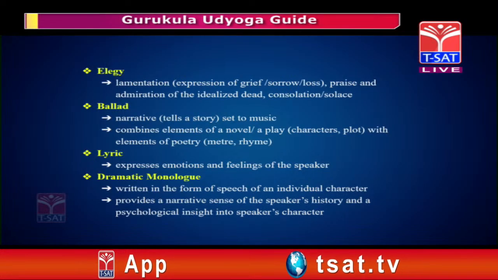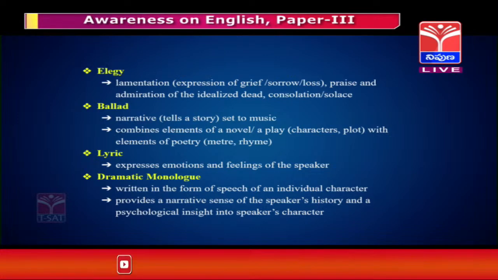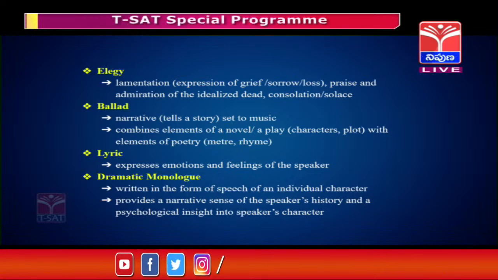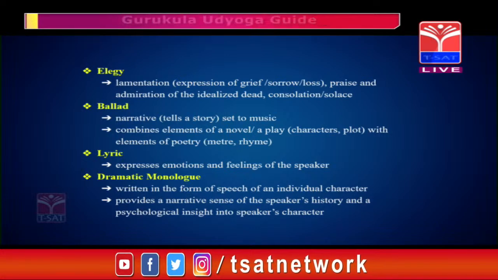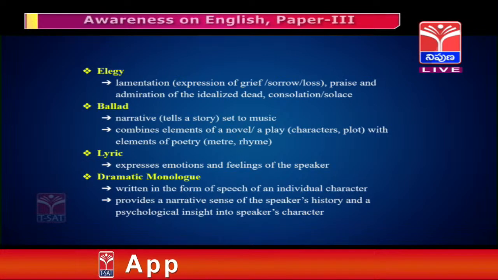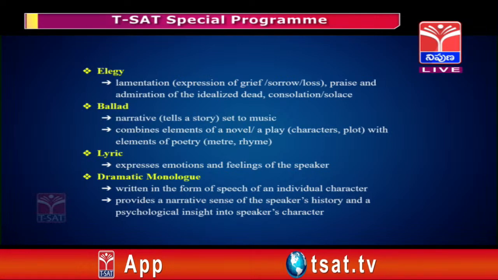Now here, what is a ballad? It usually narrates a story, and it was often set to music. So it is a poetic form which is actually telling us a story. And this combines the element of a novel or a play with elements of poetry. How does it do it?